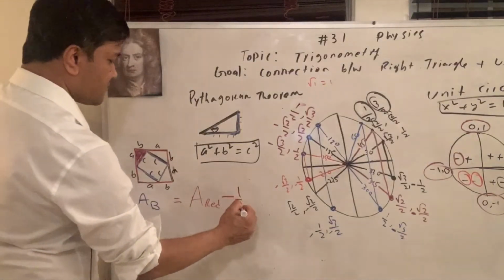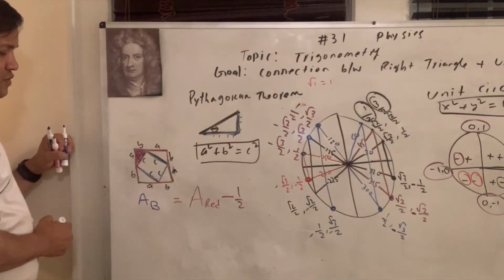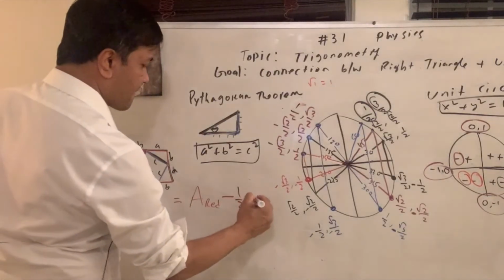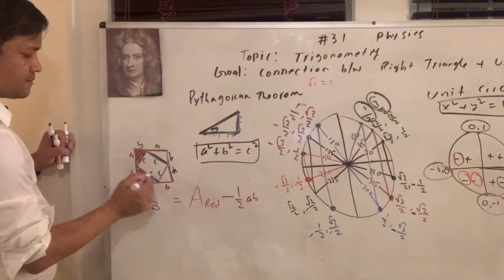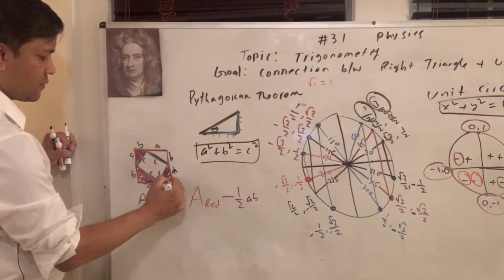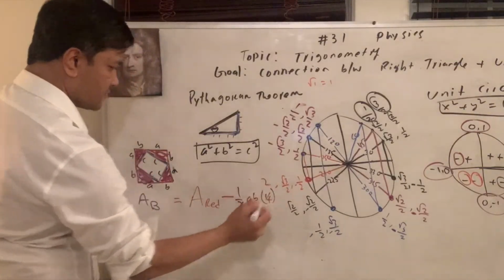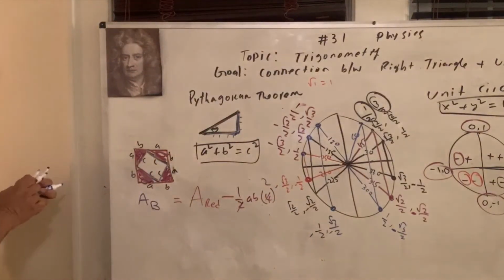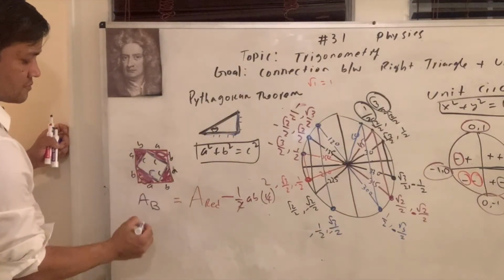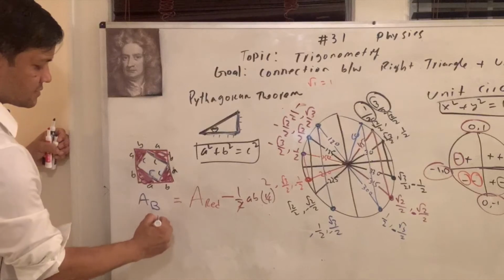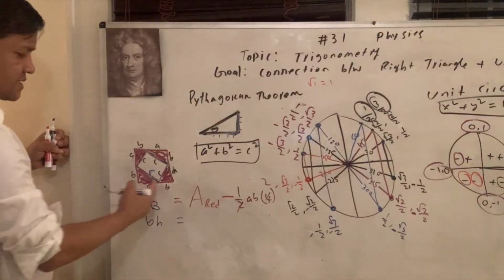This one is a triangle. So half AB. How many? 1, 2, 3, 4. So area blue. What is area blue? Base times height. What is area of red? Still base times height.